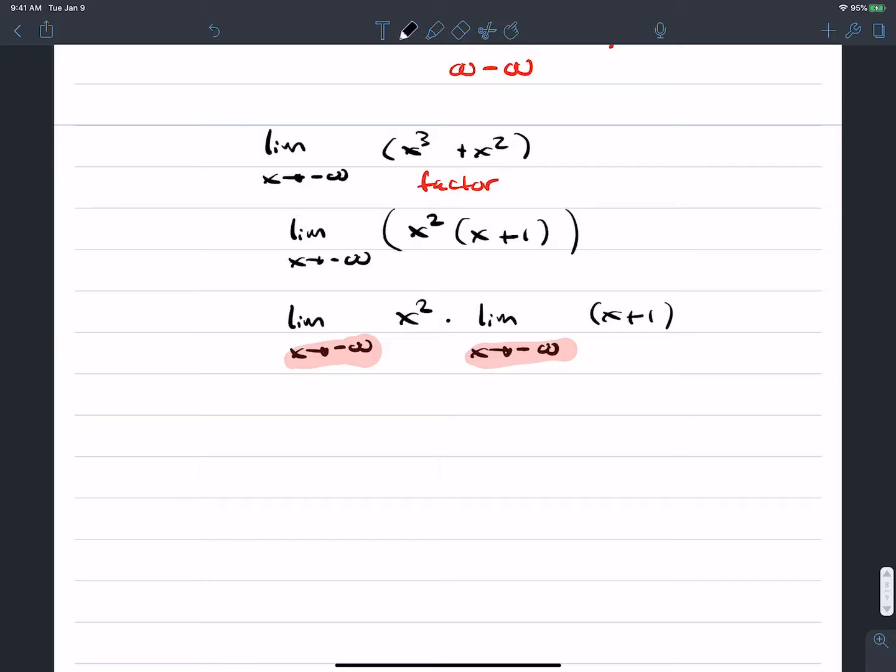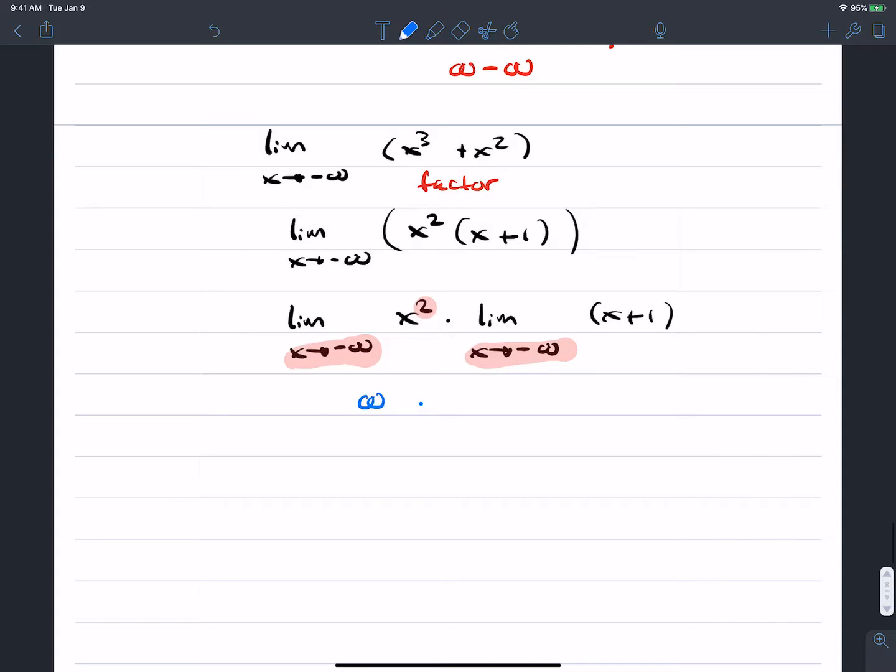For the first limit, you can recall that we're going to square that x, so this limit is going to be positive infinity. And this limit, anybody remember, what's this limit going to be? X goes to negative infinity, so negative infinity plus 1.